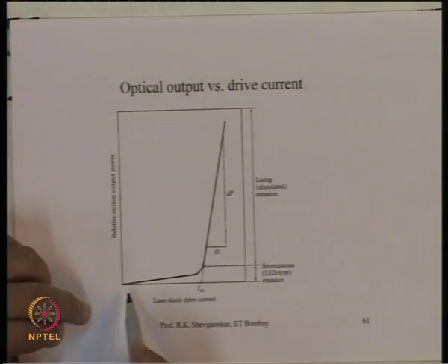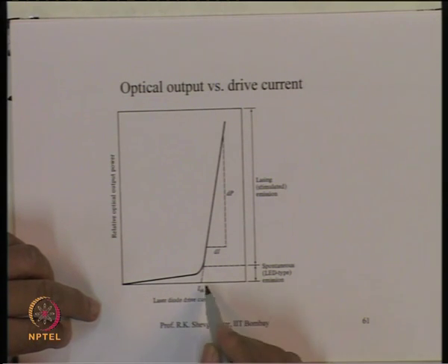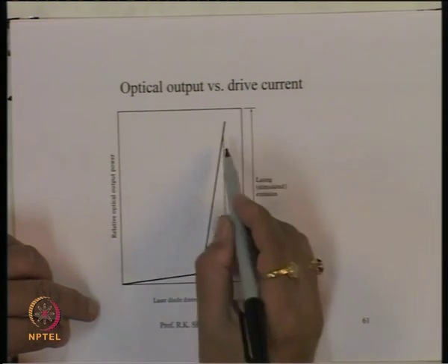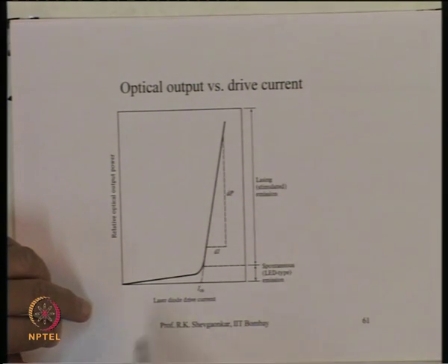So, if I consider data 0 and 1, and I give the current corresponding to 0, which is 0, and the current corresponding to 1, which is greater than threshold, then you will see that the light output will swing between 0 and suddenly some very large value. So, you will get an optical output which will switch by changing the current between two levels, one below threshold and one above threshold.